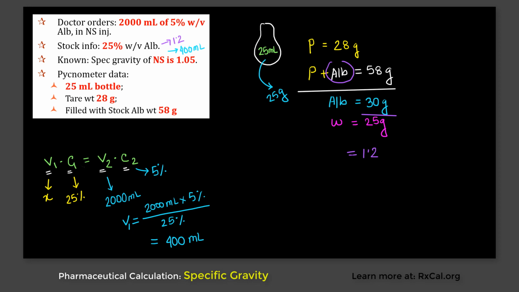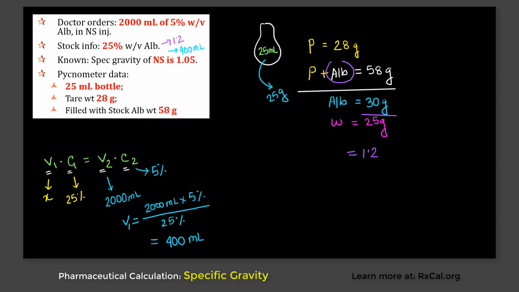Now, let's move to the third part, in which we need to determine how much of the normal saline we'll need in order to make the 2000 ml of the preparation. So let's draw another picture.